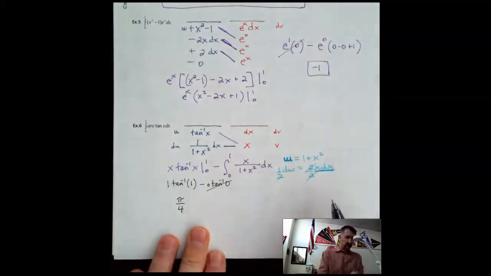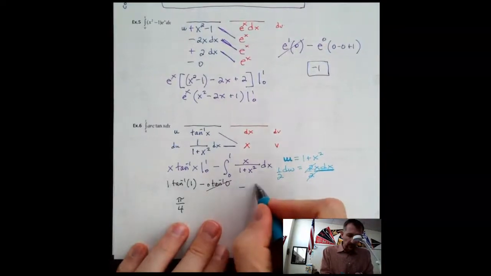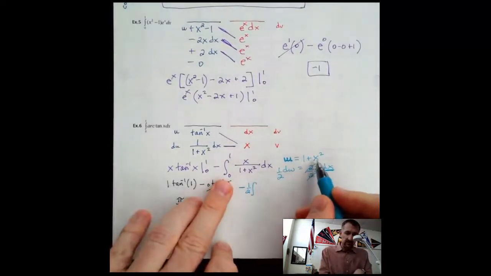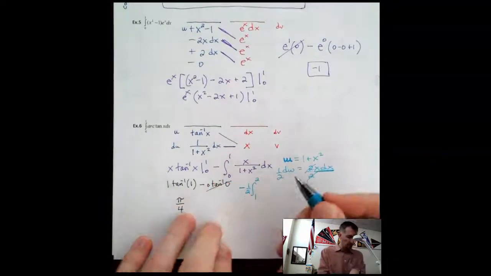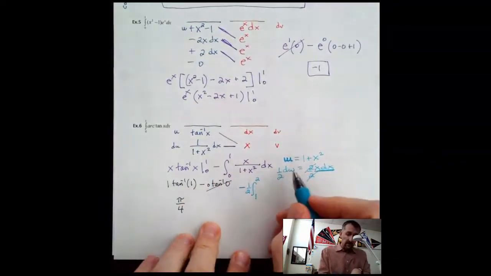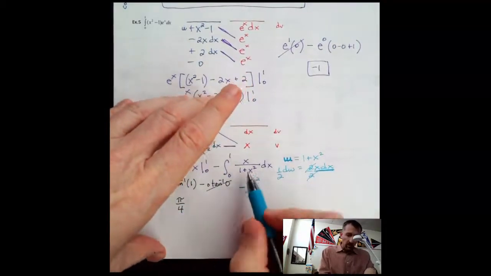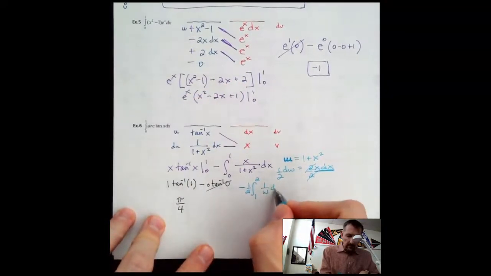Alright, so that would give us, so I'd have an integral here. I have the 1/2, which I should factor out in front. I should plug these in, so 0, that's going to be 1, and plug 1 in there, that's going to be 2. Okay, and then that's going to be 1 over w dw.